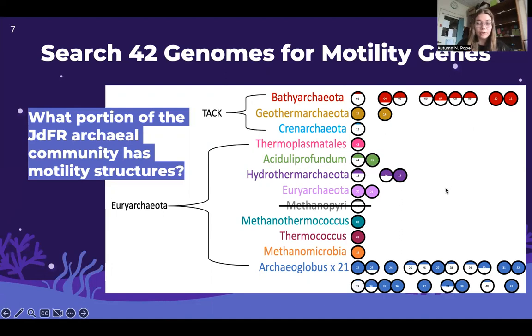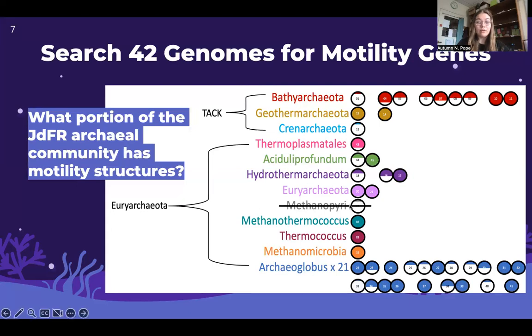And out of the 42 genomes, I found that 41 of them had some type of motility genes present. The only one I didn't find any present in was this methanopyri. But as we can see with these circles, the more filled in they are shows how complete the genome is. So say like 39, that would be very complete, but this one is not very complete, so that might explain why I didn't find motility genes in there.